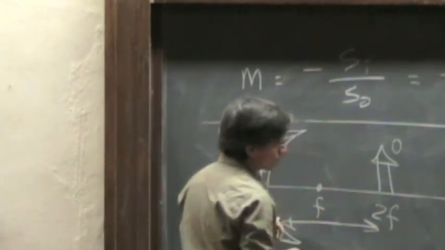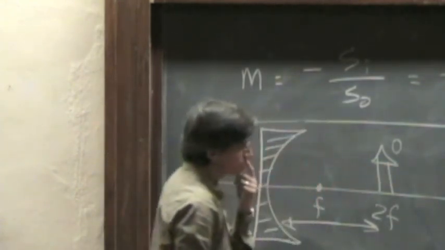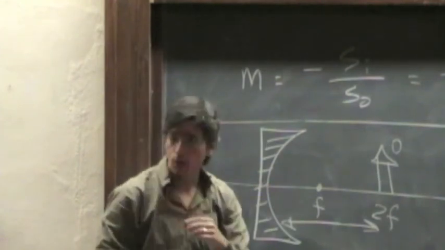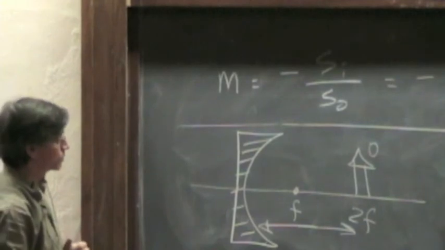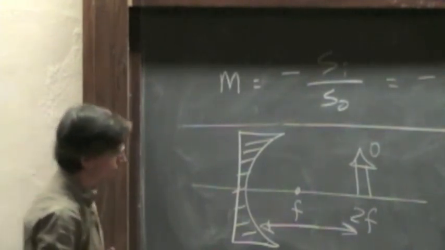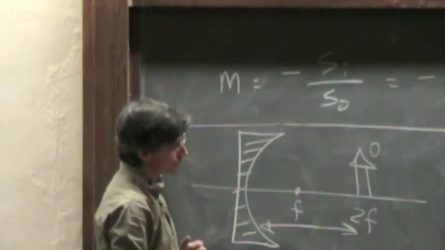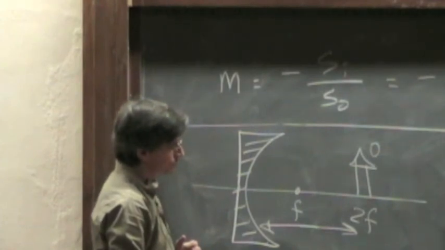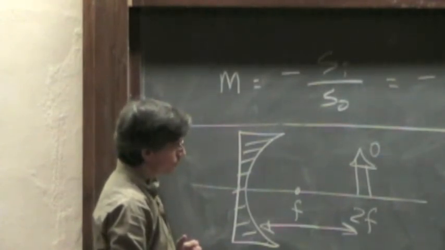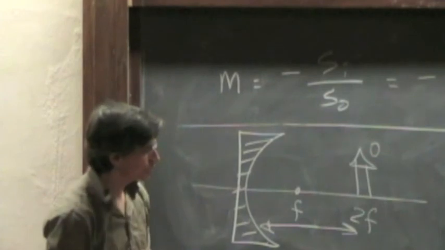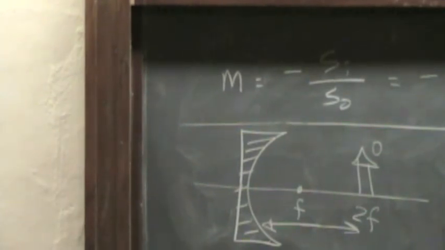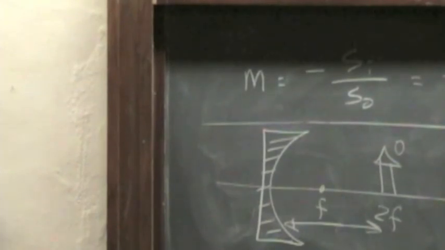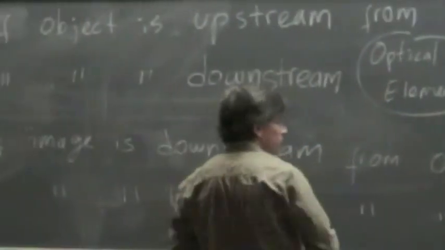Right? So what I want you to notice is how do we reconcile that with what we said about the distances of the objects and the distances of the images, distance of the image in particular. So according to that, the image is downstream, correct? Because we got a positive number over there, the image is downstream.